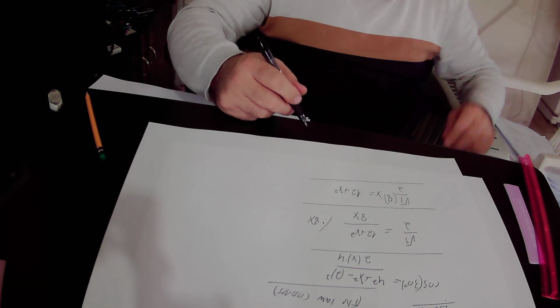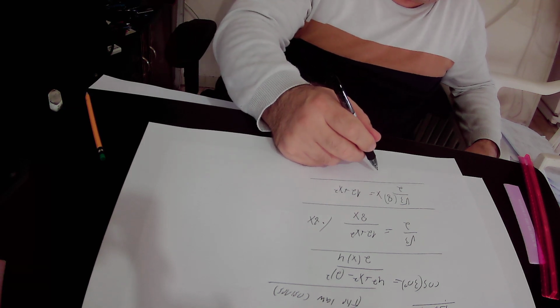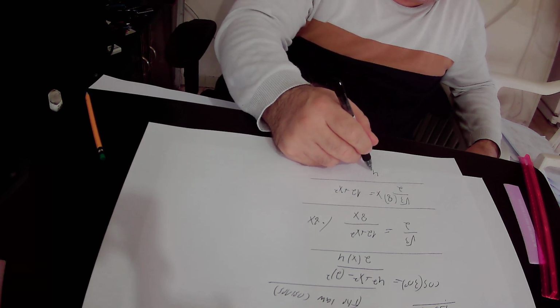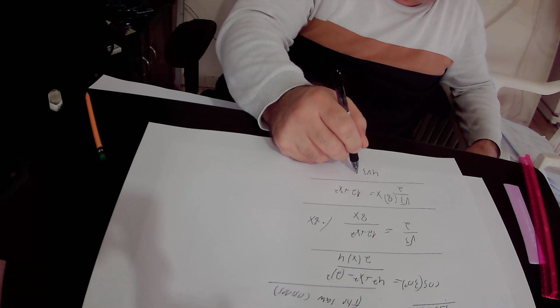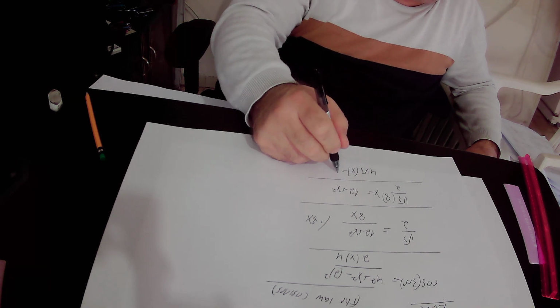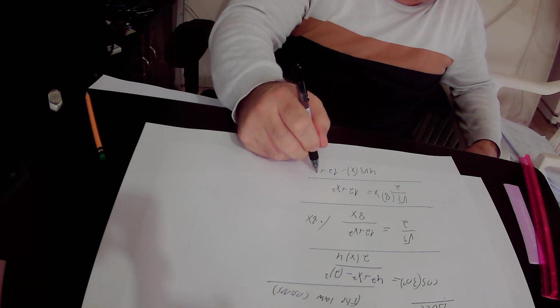8 over 2 is 4, so we got that 4 times square root of 3x equals 12 plus x squared.